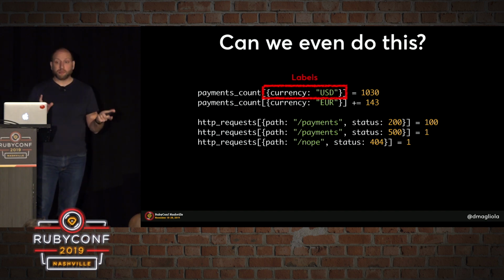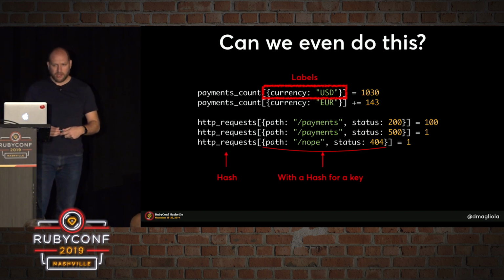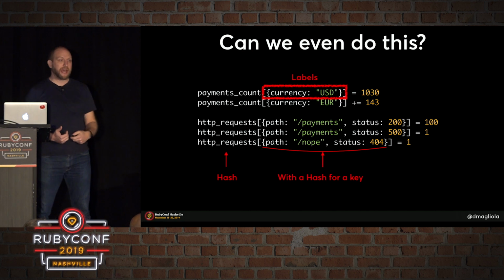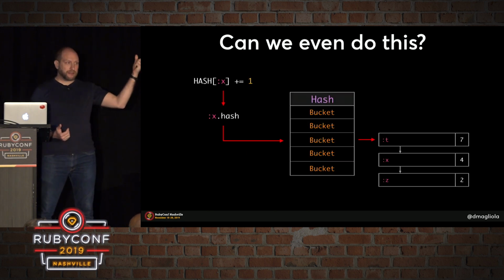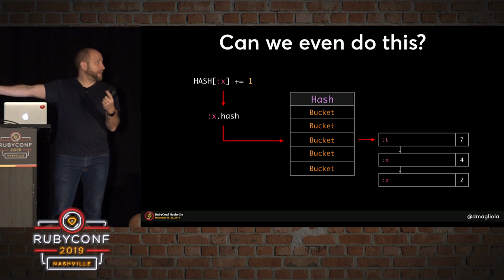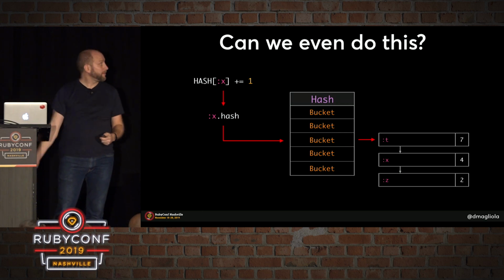We have these key value pairs that we call labels. And the way we do this internally is we store all of our numbers in hashes whose key is also a hash. And the reason this matters for our performance is basically the way hashes work. When you're getting something from a hash, you need to take your key, find which bucket it falls in, and then compare that key with all the other entries in that bucket until you find the one you want.